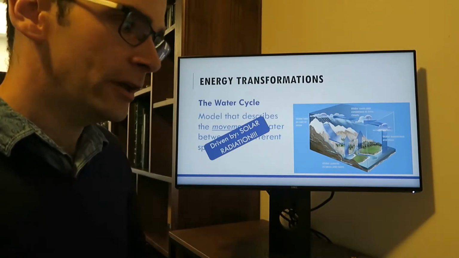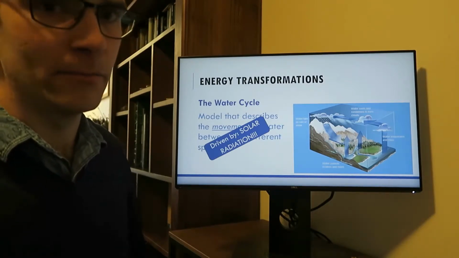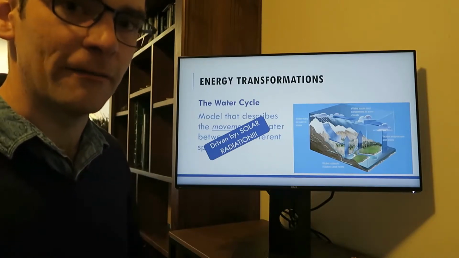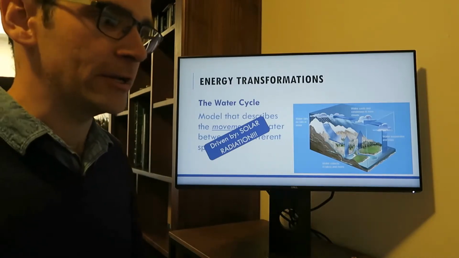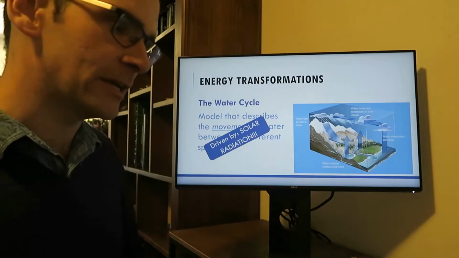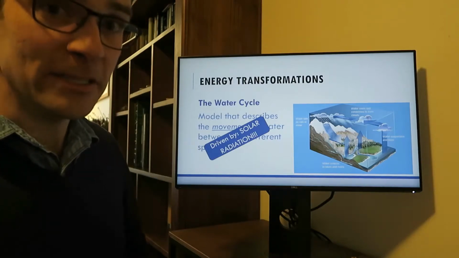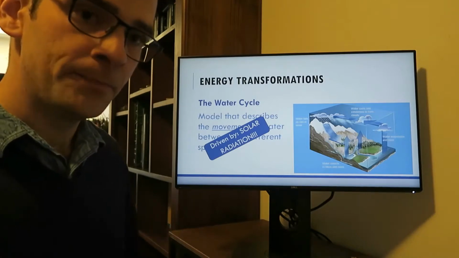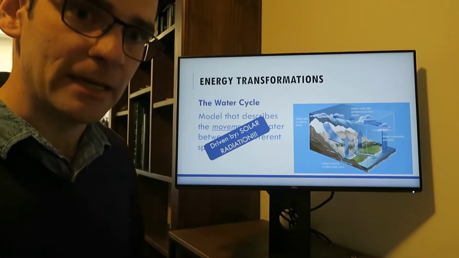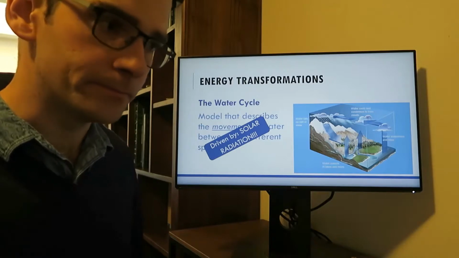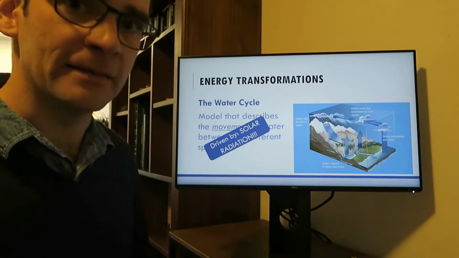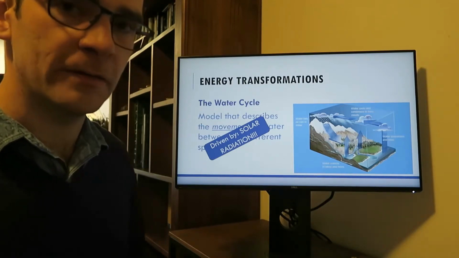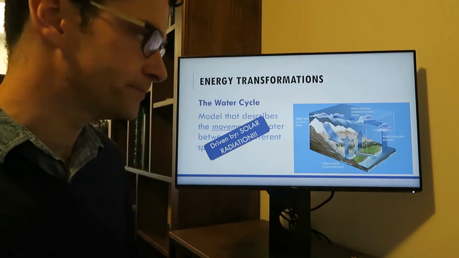I'm sure you probably remember this from primary school, where you would have learned about evaporation, transpiration, rain, precipitation, all those sorts of things. Some of this might not come as a surprise, but we're going to go into a little more depth about these key terms and what they actually mean in science, because before we can understand how energy is involved in this process, we need to understand some of the terms.